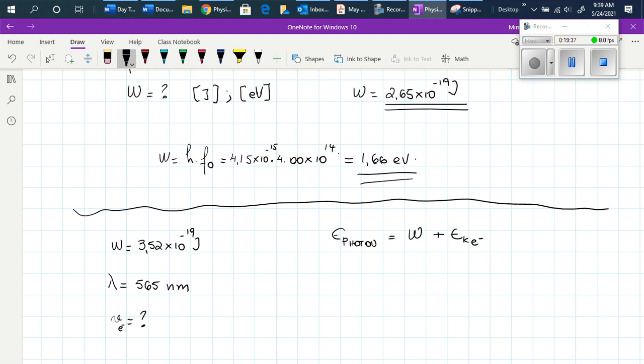Now, the energy of the photon, based on Planck's theory, and since we know the wavelength, is hc over lambda, equal to the work function, given as 3.52 times 10 to the power of negative 19, plus the kinetic energy of the electron.